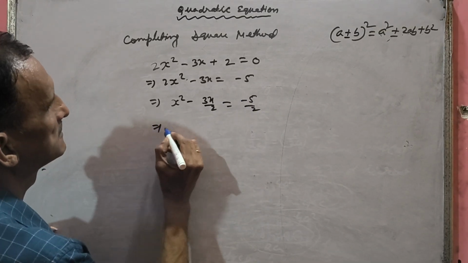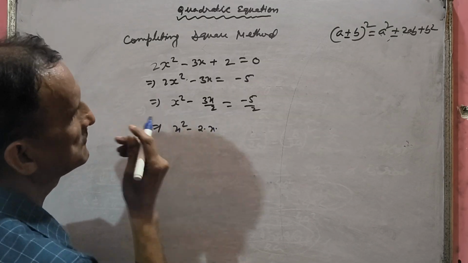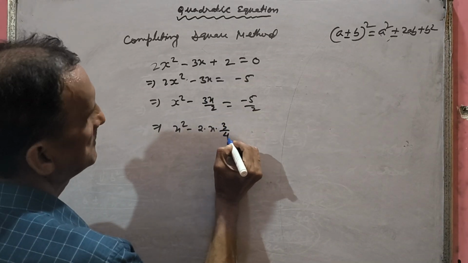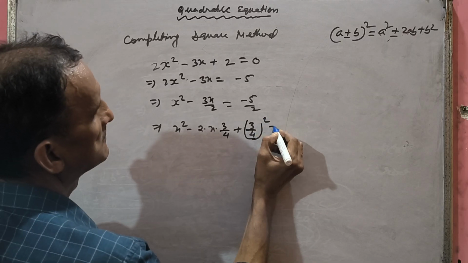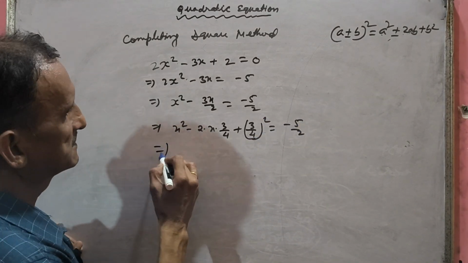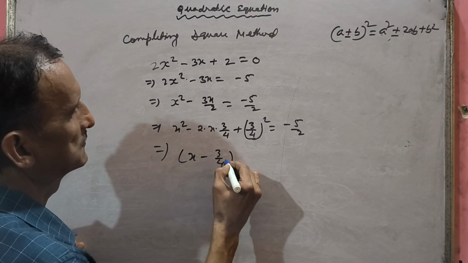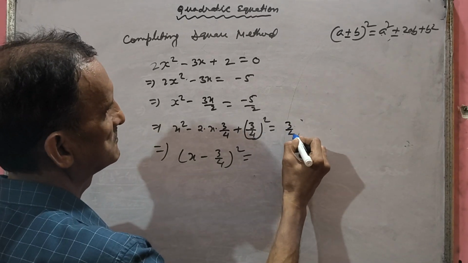Now complete the whole square. This is x square minus 2 into x. We can't write more than this, so we must write 3 by 4 here. This is b, so this is b square. This is minus 5 by 2. So this is in the form of a minus b whole square, so x minus 3 by 4 whole square. This is extra, so this side also extra.